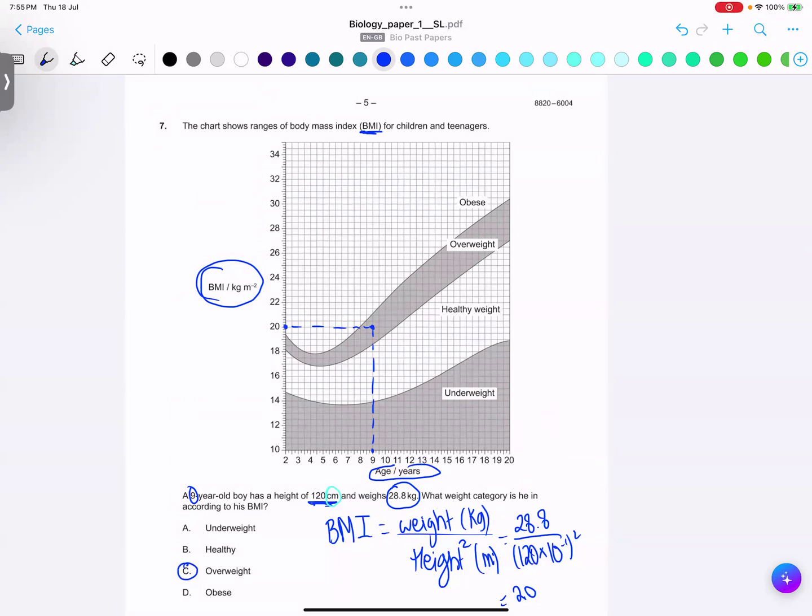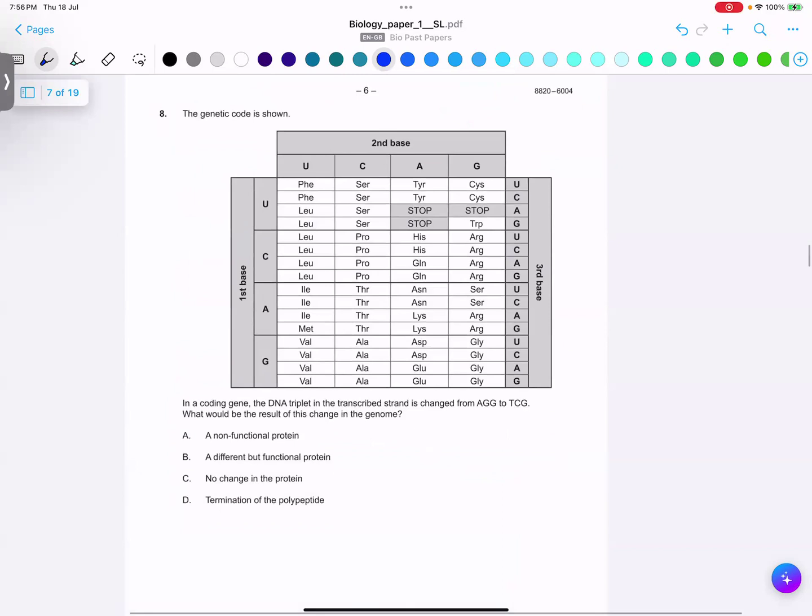So now let us move on to question 8. The genetic code is shown. In the coding gene, the DNA triplet in the transcribed strand is changed from AGG to TCG, okay? What would be the result of this change in the genome?